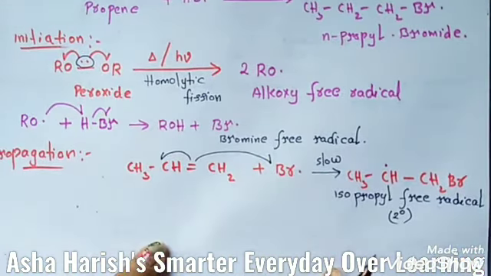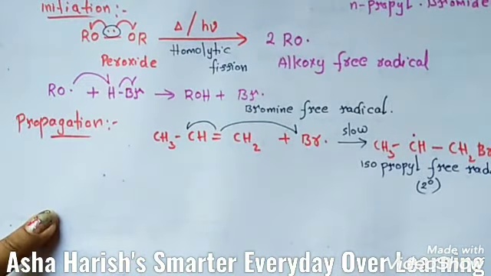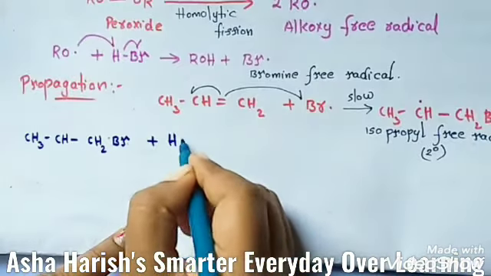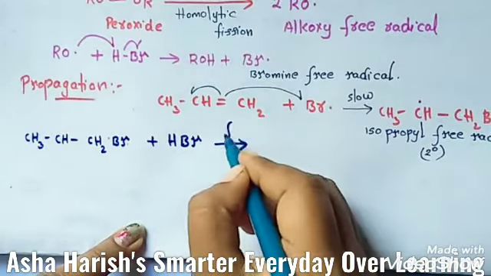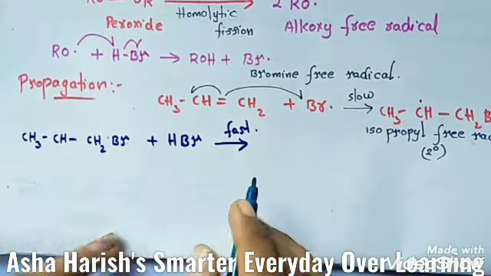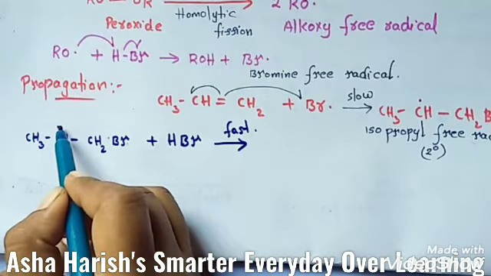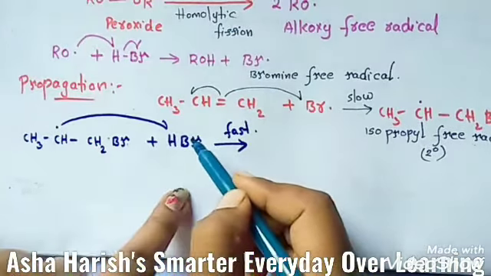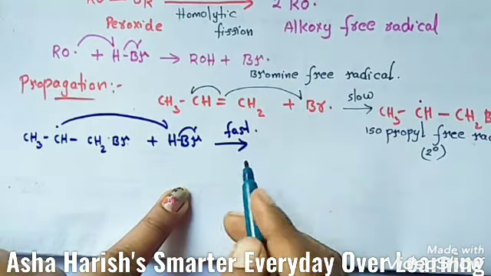Now to this formed isopropyl free radical, if you add again HBr, this is a fast reaction. Now here is the free radical. Now this free radical shifts towards this hydrogen, and here is the presence of a bond from this also like this.